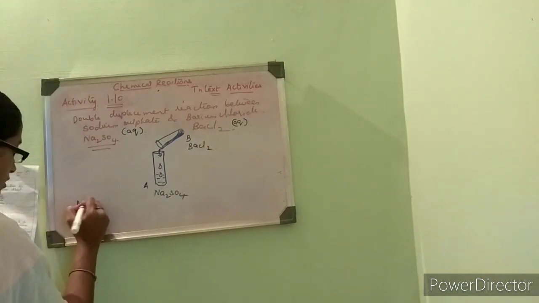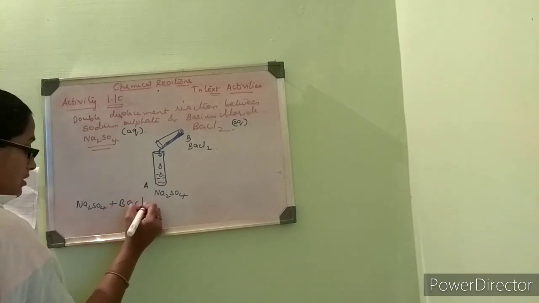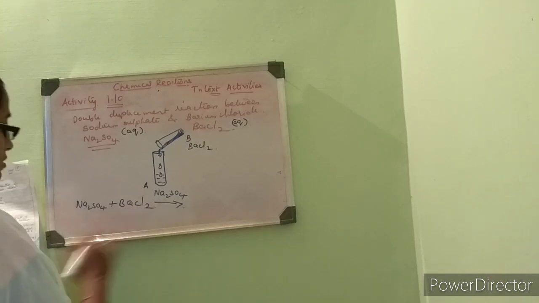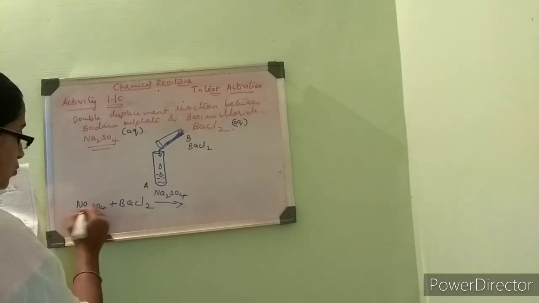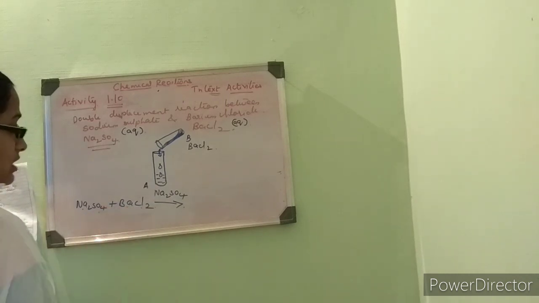So let us write down Na2SO4 plus BaCl2. Here there is an exchange that is going to happen. Sodium will combine with chlorine and barium will combine with sulfate.